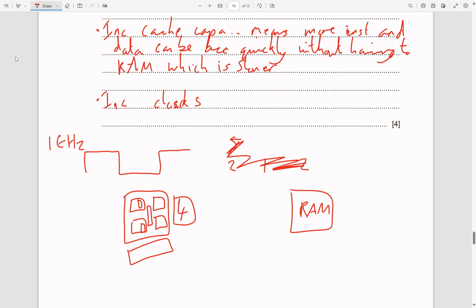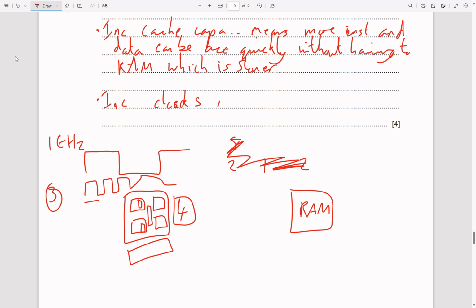whereas we have a clock speed of, say, 3 gigahertz, then this means we're executing 3 times more instructions, because on each pulse of the clock one stage happens.